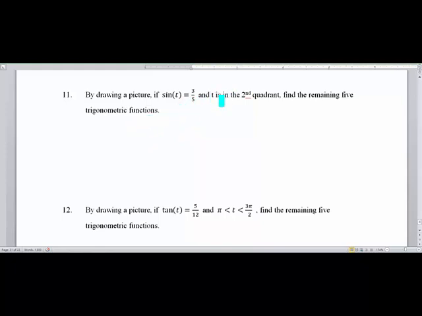It looks like T is in the second quadrant, so we're going to make a line in the second quadrant, put a dot T there, and then make a reference angle from my angle theta to my point T, and this is going to be finding the 5 trigonometric functions.